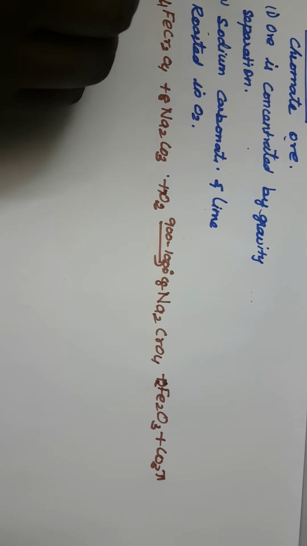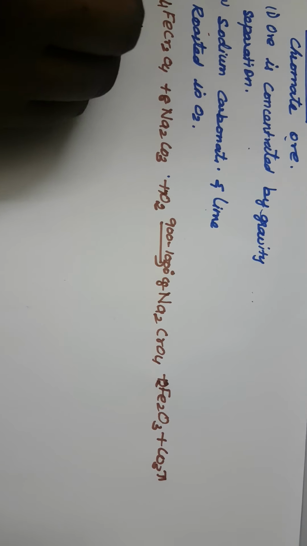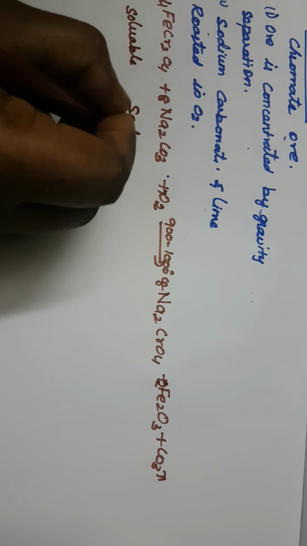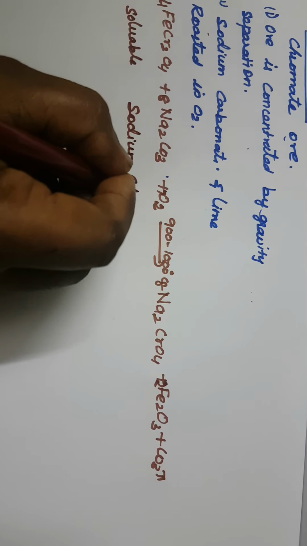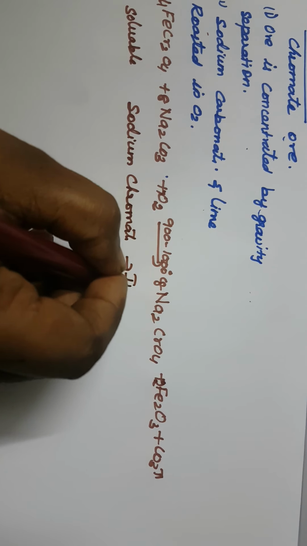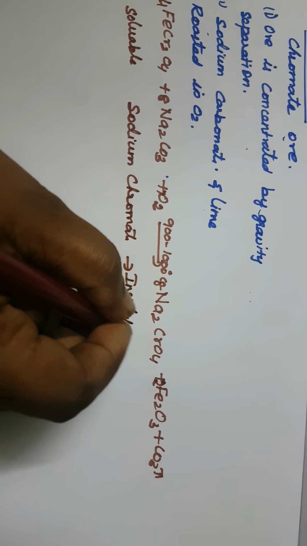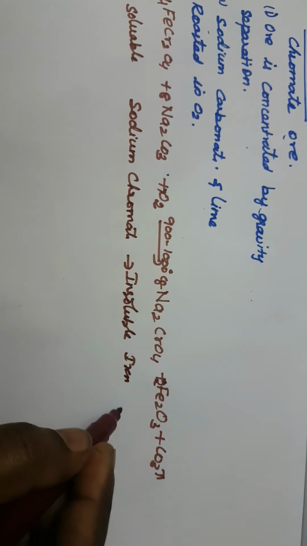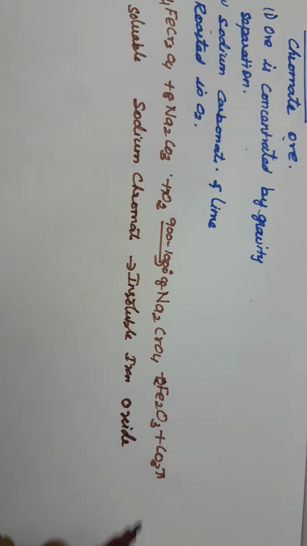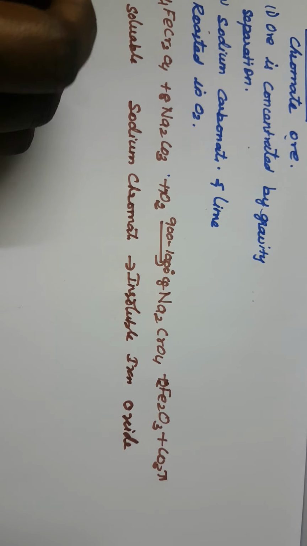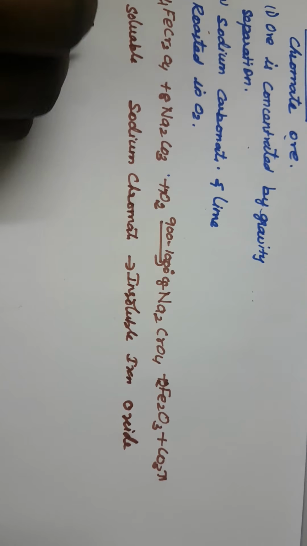Then the yellow solution of sodium chromate is treated with sulfuric acid.